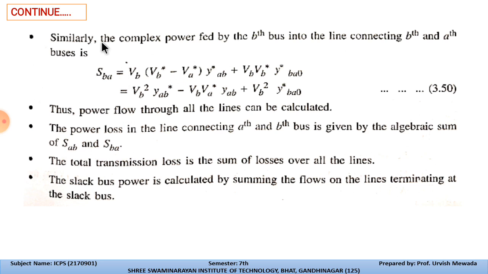So that will be the total power loss of the system, and the total transmission loss is the sum of losses over all the lines, which can be found using the given formula. And the slack bus power is calculated by summing the flows on the lines terminating at the slack bus. So this is how we can calculate the power loss of the transmission system through this given example.